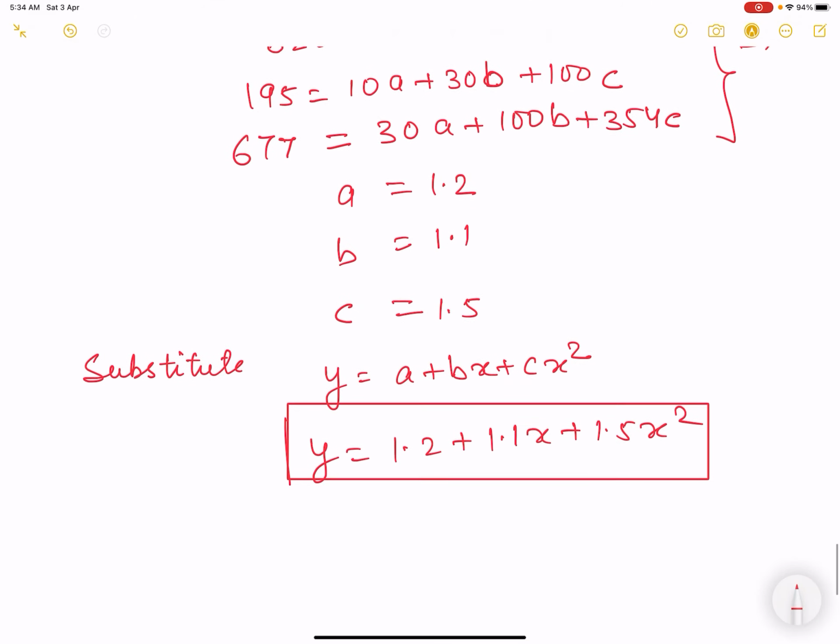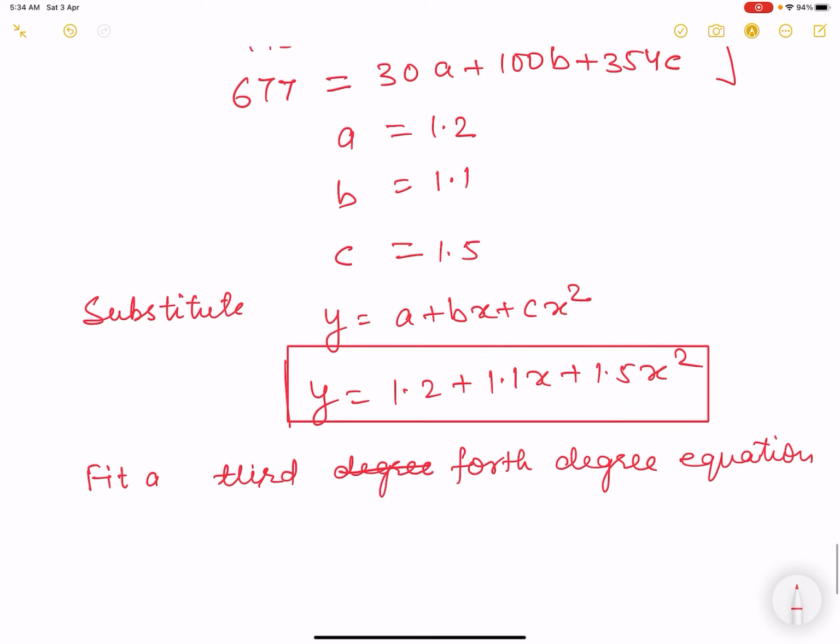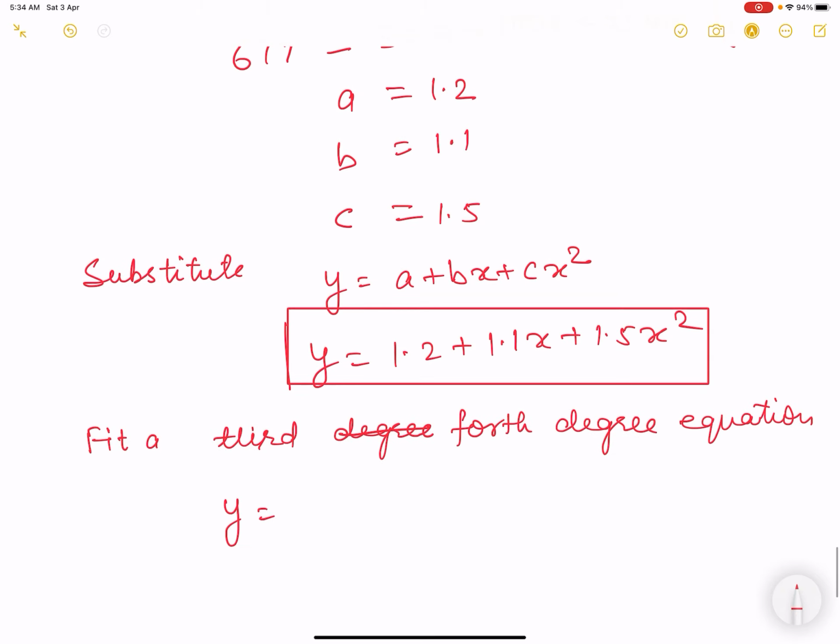Similarly, students, when we are required to fit a third degree, or you may say fourth degree equation, what will you do? You'll take the equation as, say, a plus bx plus cx square.